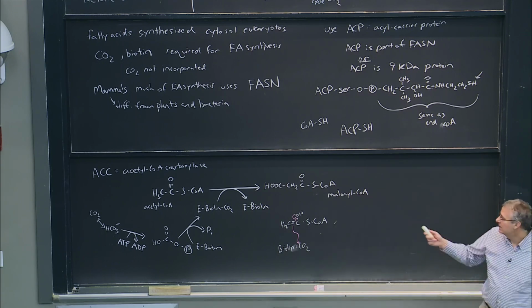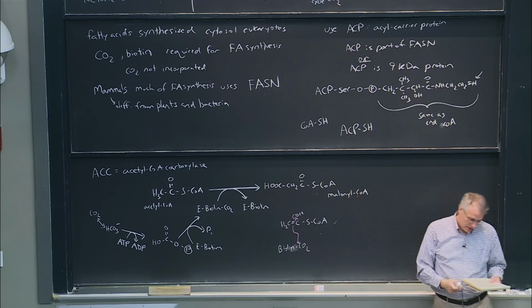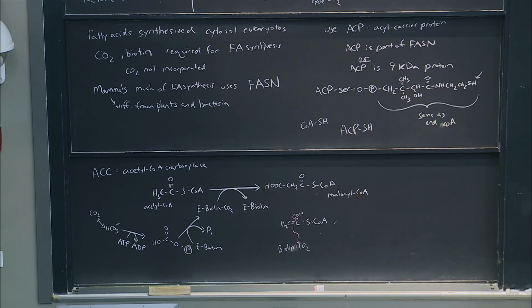And it's malonyl-CoA that ends up being the substrate for fatty acid synthase, either the single fatty acid synthase protein in mammals or the same sets of individually encoded activities on different polypeptides in plants and bacteria.